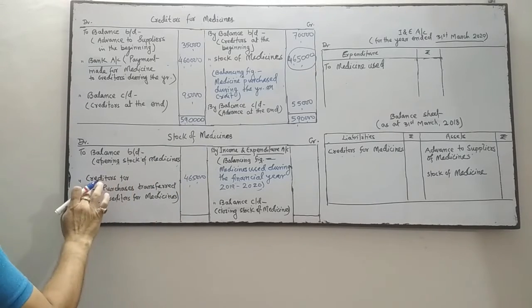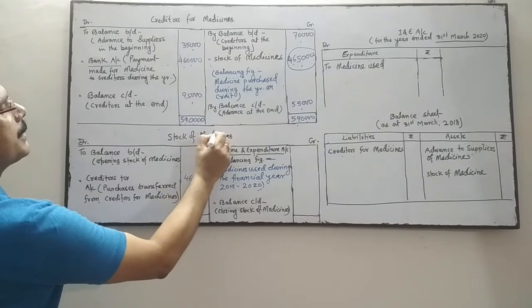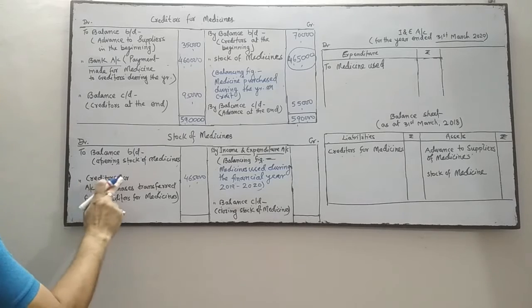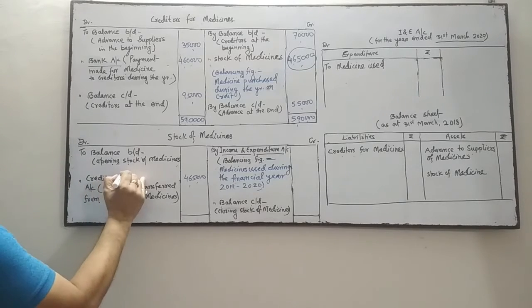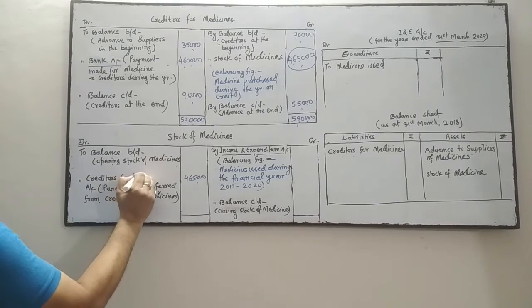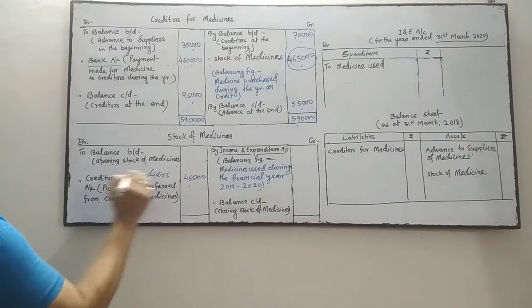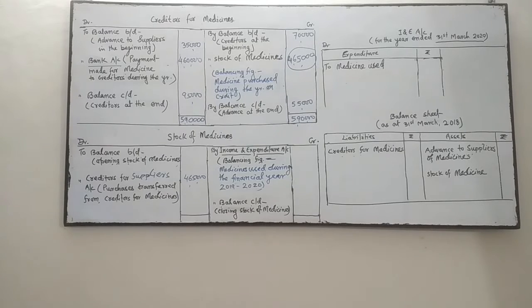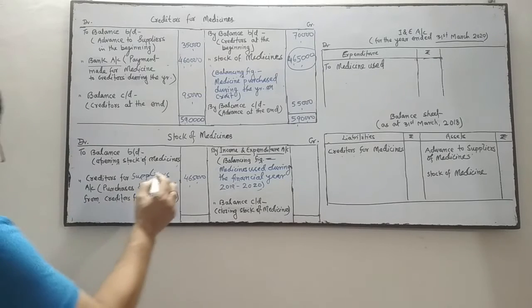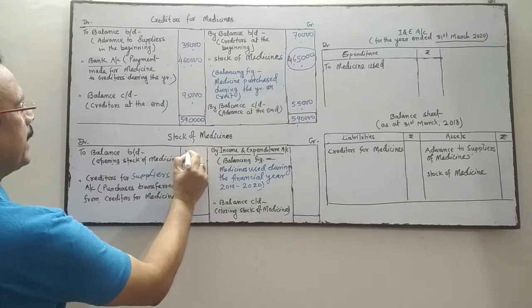Stock of medicine to creditors for suppliers account. Now, the opening stock of medicine given in the question is 1,10,000.